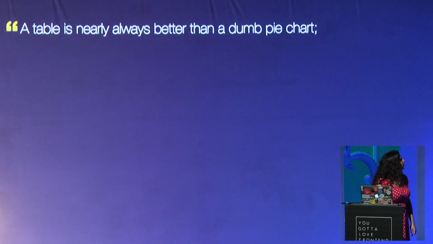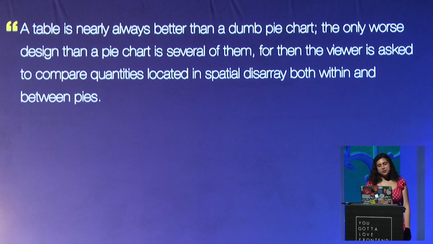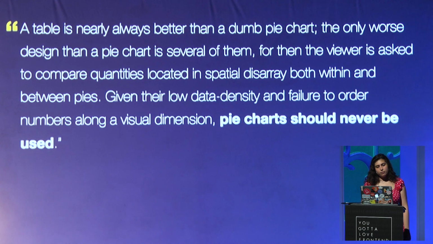He said in one of his books, a table is nearly always better than a dumb pie chart. The only worse design than a pie chart is several of them. For then the viewer is asked to compare quantities located in spatial disarray both within and between pies. Given their low data density and failure to order numbers along a visual dimension, pie charts should never be used.